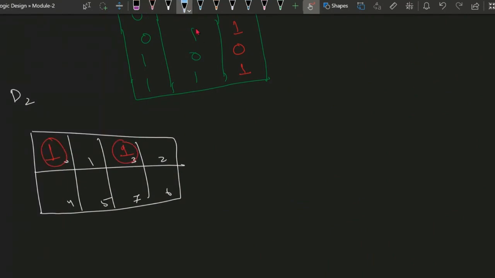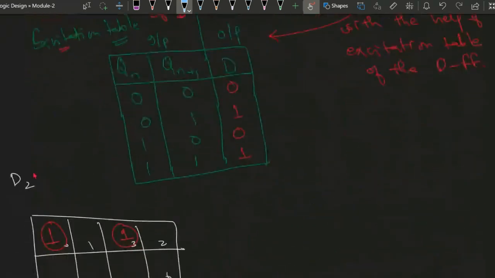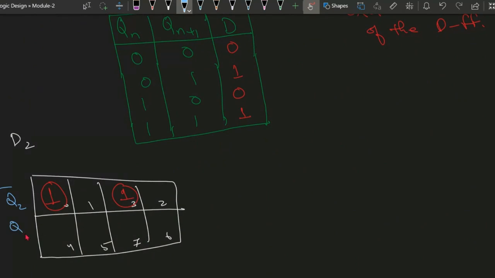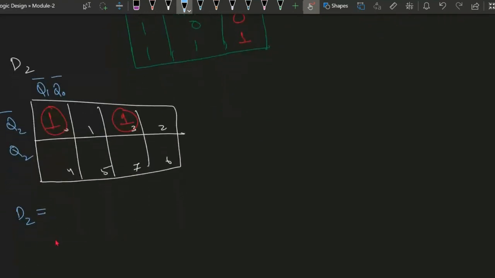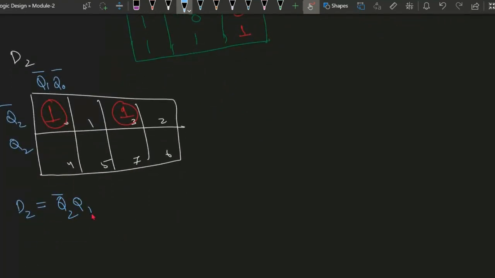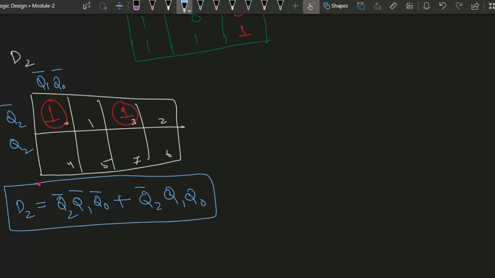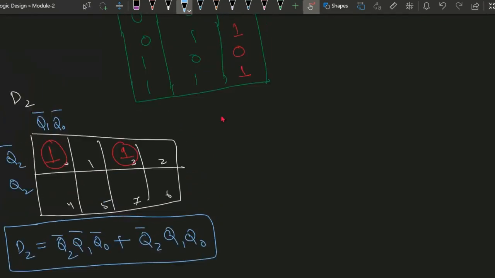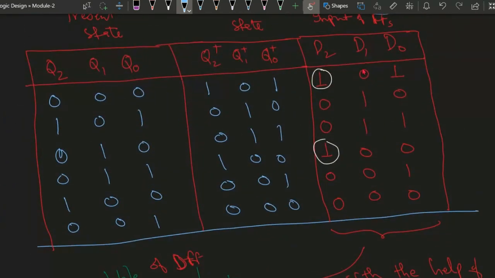In that case, the D2 value will be given like this: Q2 bar, Q1 bar, Q0 bar plus Q2 bar, Q1, Q0. This is the D2. Similarly, we need to find out for D1.